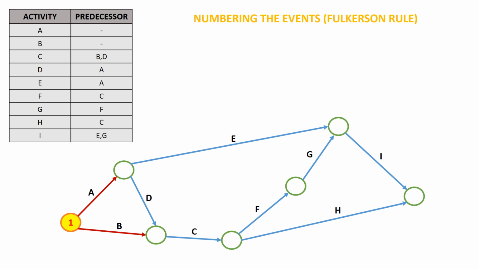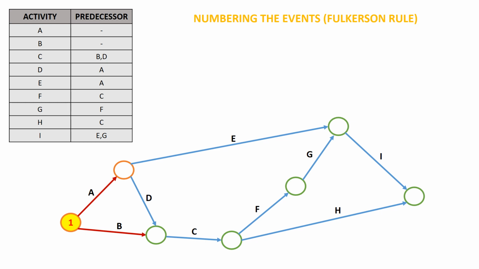There's only one incoming activity for the event after activity A, whereas for the event after activity B, there are two incoming activities, that is activity B and activity D, and activity D is still not traced. Therefore, I cannot number the event which is after activity B, whereas I can number the event after activity A, since there is only one incoming activity and that incoming activity has been traced.